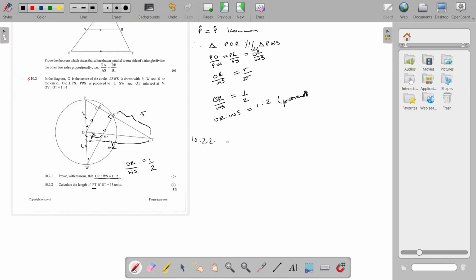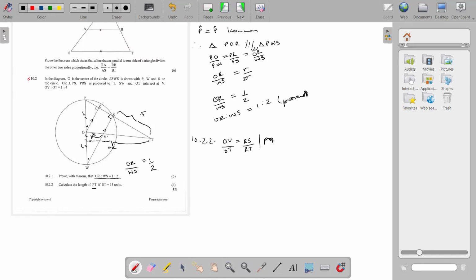So we will go OV divided by OT. That will be equal to OV linked to RS divided by OT linked to RT. What are we going to apply?